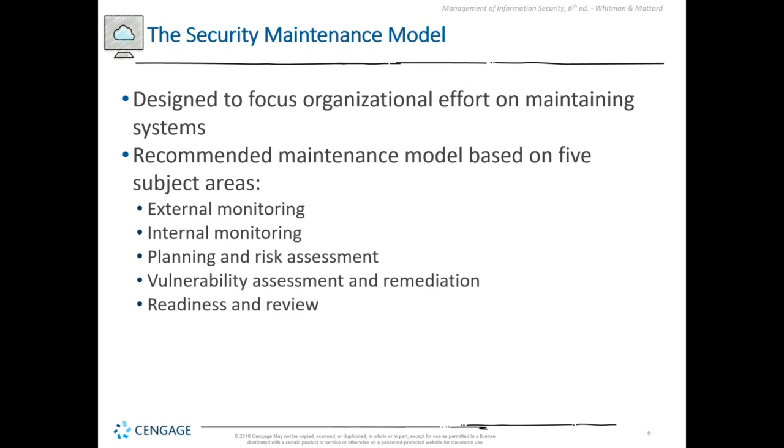So this entails collecting intelligence from data sources, giving that intelligence the context and meaning for use by the organization's decision makers. The primary goal of internal monitoring is informed awareness of the state of the organization's network, systems, and security defenses.